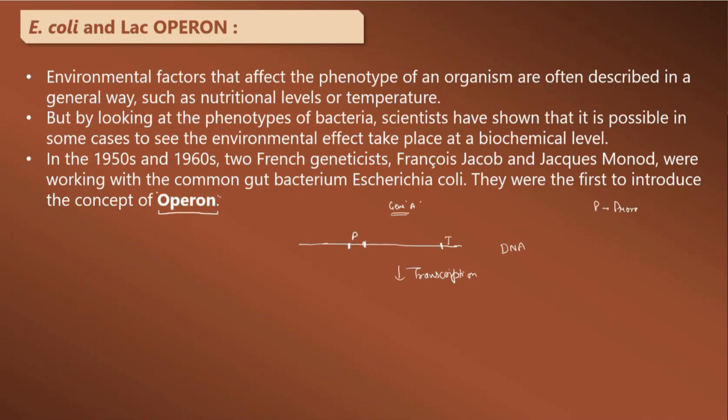P is promoter and T is terminator. In between P and T, you have the DNA sequence that will undergo transcription and form your mRNA. Any doubt?